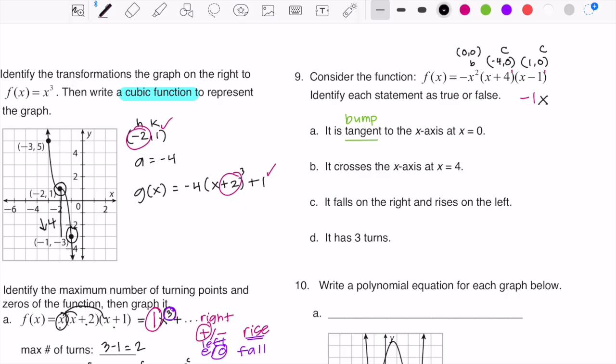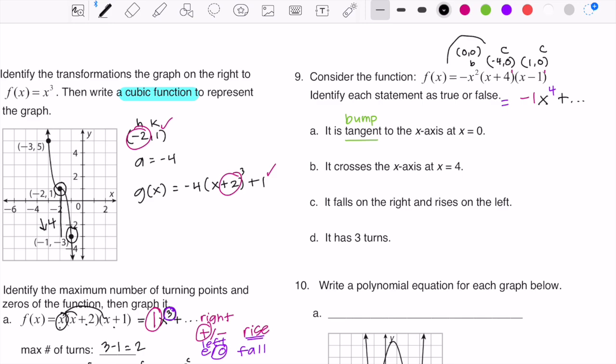Anyways, the first term is going to be negative 1 x to the 4th. And we know if we multiply that out, there's going to be a bunch of other stuff, but this is really all we need. So it says it's going to be tangent to the x-axis at x equals 0. So what it's really saying is, is it going to bump at 0?